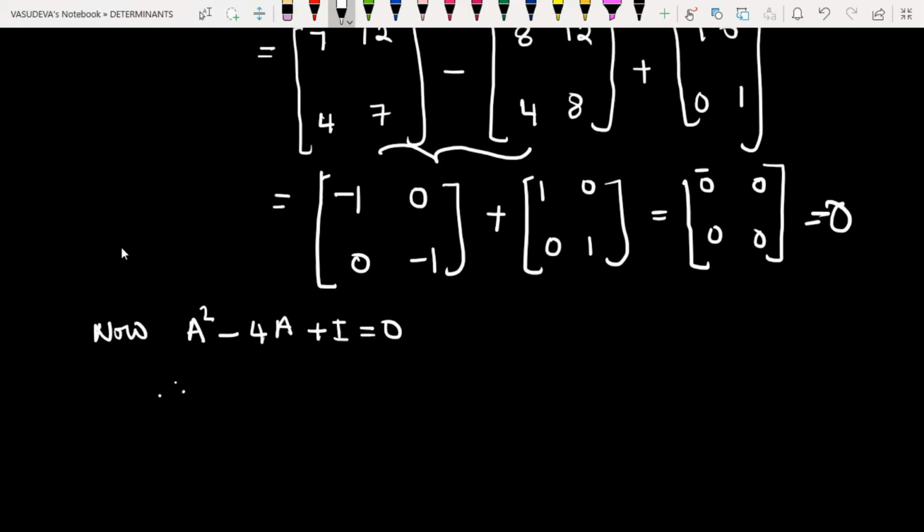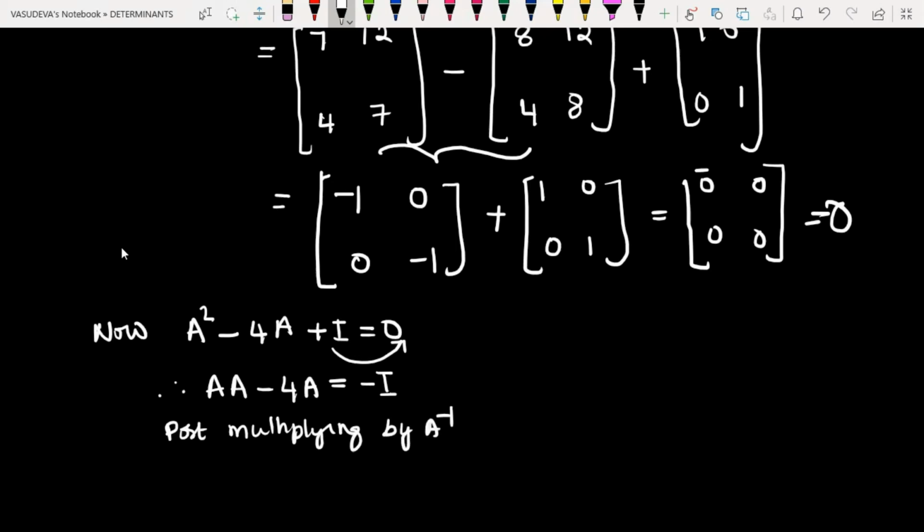Therefore we can write A square as A into A minus 4A, and taking I to the right hand side, this is minus I. So now post multiplying by A inverse, because we know that the determinant of A is not equal to 0, A is non-singular.